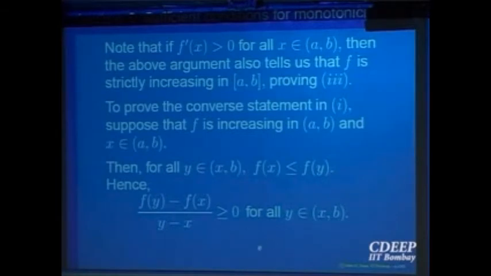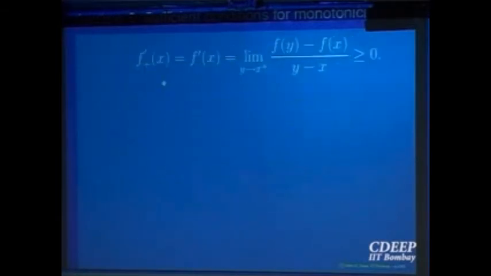So let y go to x, and when you are letting y go to x, you are looking at the right hand derivative. But the function is given to be differentiable. So the right hand derivative exists, that is equal to the derivative of the function, and because this quotient is always non-negative, the limit also is non-negative.